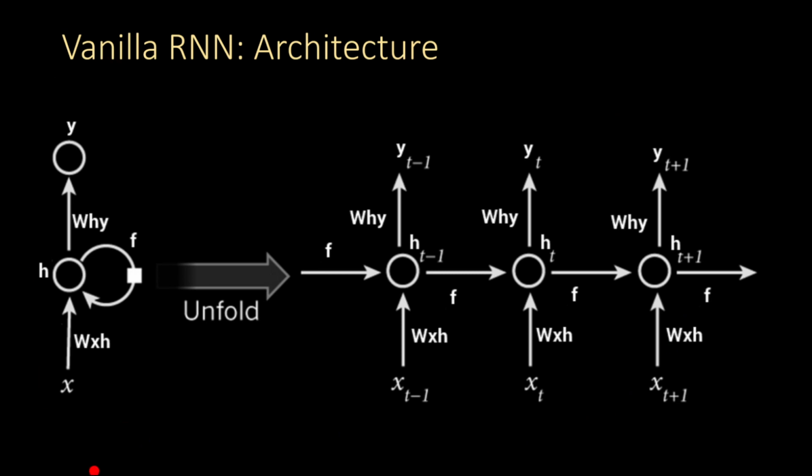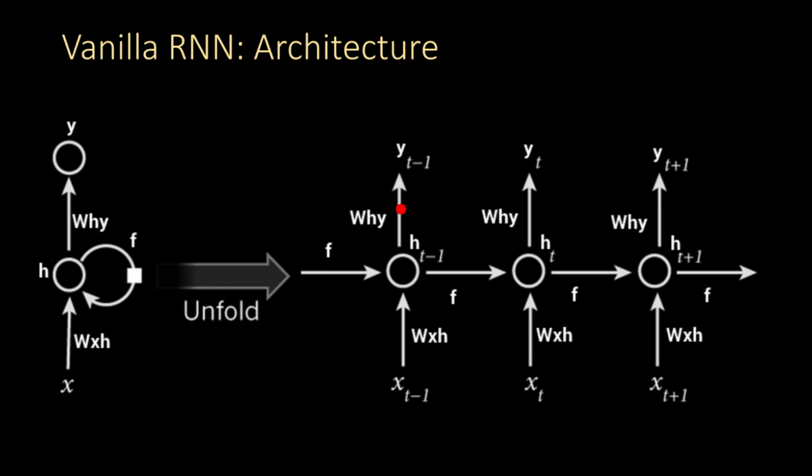In a recurrent neural net architecture, as you can see right here, the entire network is just a recurrent layer. So basically, inputs come in at x, outputs go out at y, and there is a shared set of weights for the input, a shared set of weights for the recurrent layer, and a shared set of weights for the output layer.